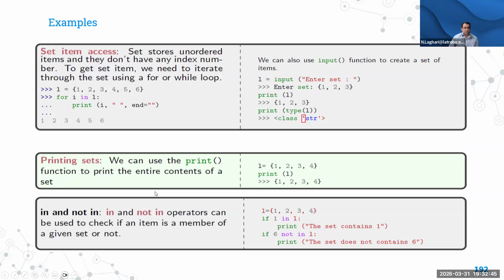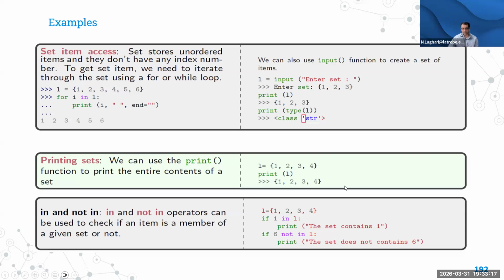Okay, set item access. Here we have L equal to 1, 2, 3, 4, 5, 6. So we can fetch items from the set one by one. We are not using any indices, so a for loop would do it for us, one item at a time. So this we can use.